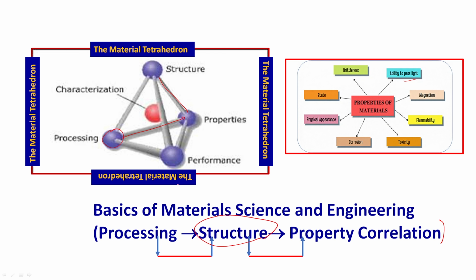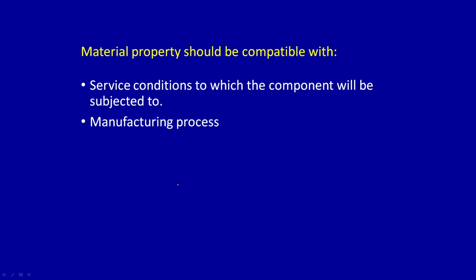Whether you will have graphene and other stuff which has come into picture recently, but you can't even dream of replacing copper by graphene as the electrical conductor. So, let us talk about a little bit about that. As you have understood that components are subjected to the service conditions.